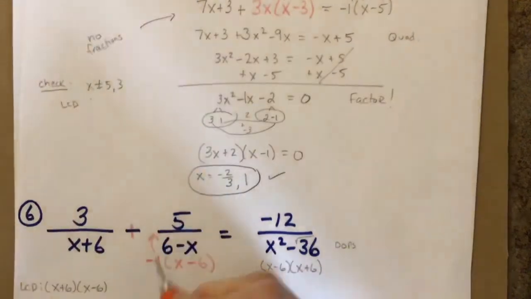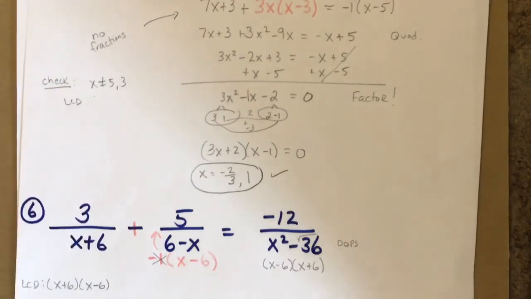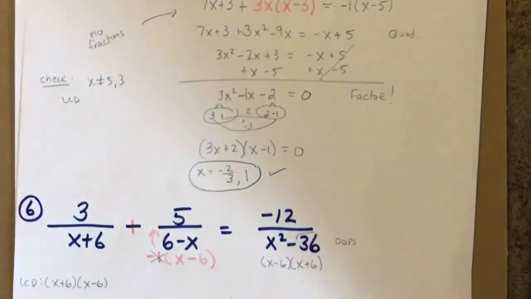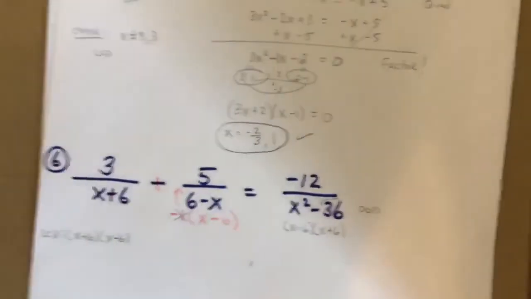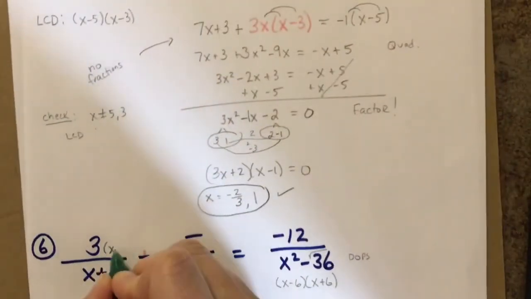All right, and now it's gone from the denominator. Okay. All right, so now what? Distribute the entire LCD to 1, 2, 3 terms on both sides of the equation. Maybe I'll put this one in green. Okay, so I got my red. So I'm going to write x what first?